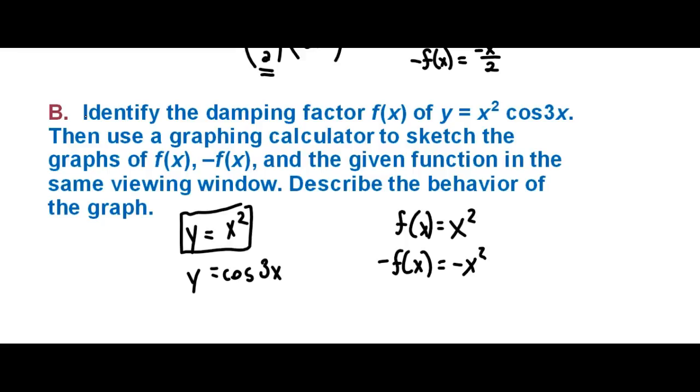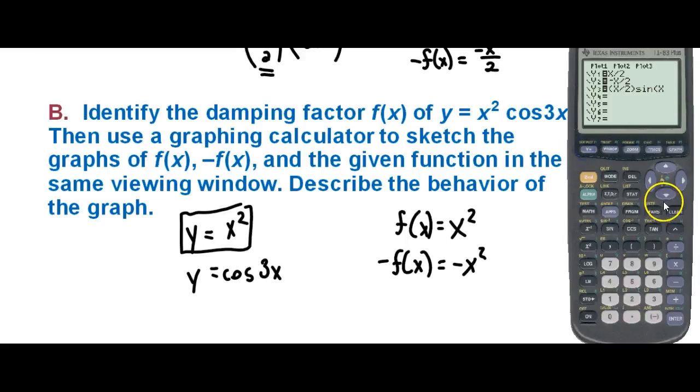As you can imagine, we've got a standard parabola on top and an upside down parabola on the bottom that's going to sort of hold in my trig function. So we've got x squared and negative x squared. And now we're going to take x squared times cosine of 3x.